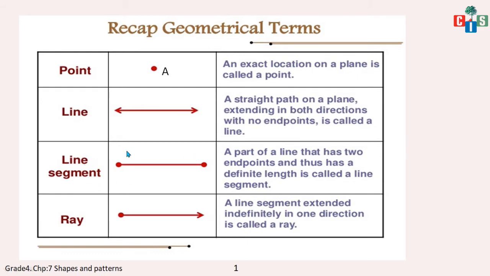Okay, so let's start with the definition. A part of line. This line statement I already justified. Okay, it is a part of line that has two end points. Okay, now this dot or this point represents that there is an end point.